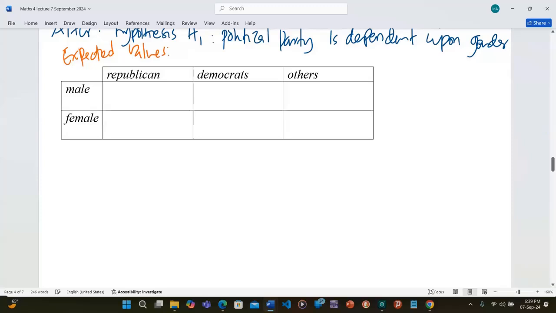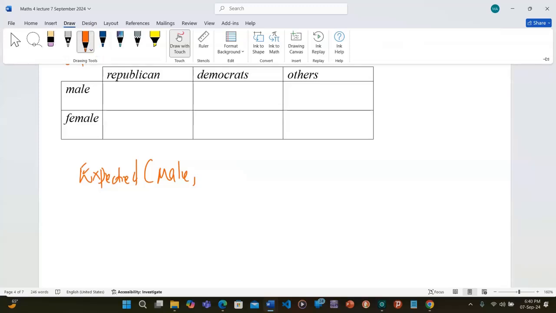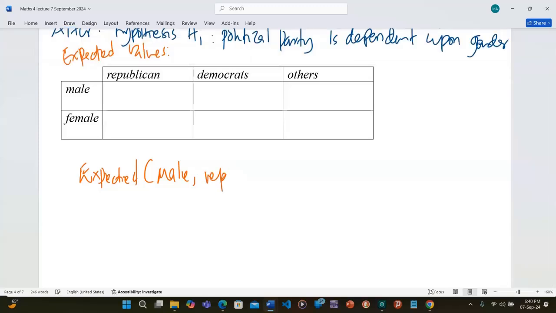So how can we get the expected value for males? Expected values for a male who is a Republican.